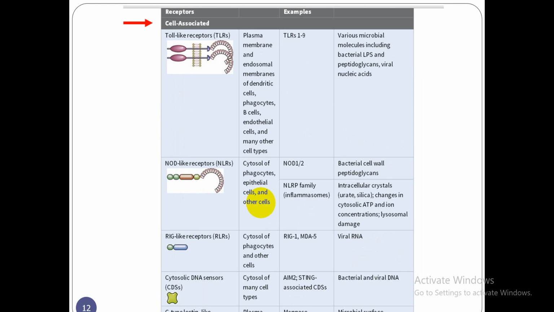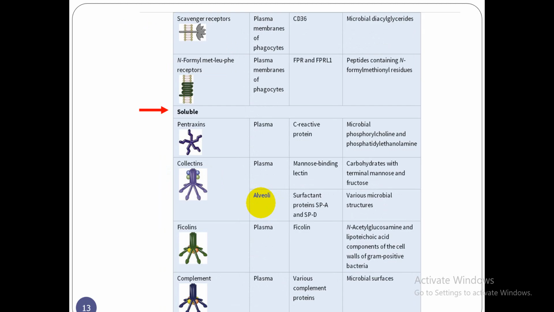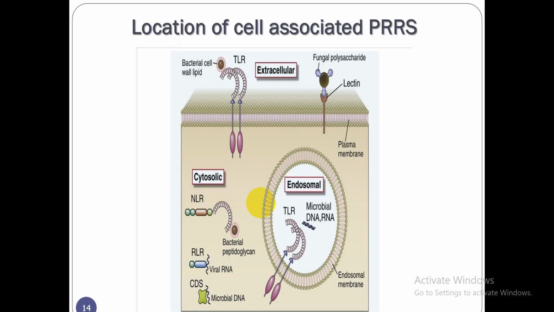And you know, in this table we have different kinds of cell associated and also soluble PRRs. About the location of PRRs, you see here that some of the PRRs are present on the surface of the cell, and they can identify extracellular pathogens.